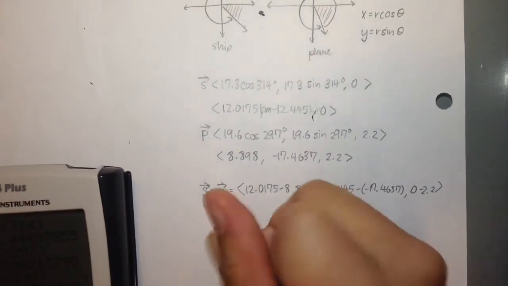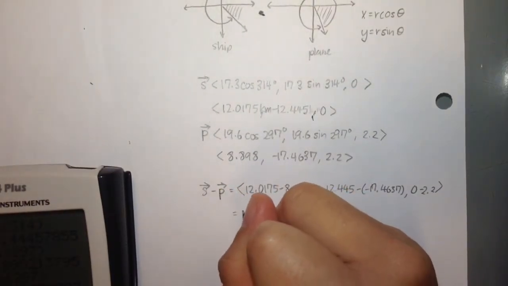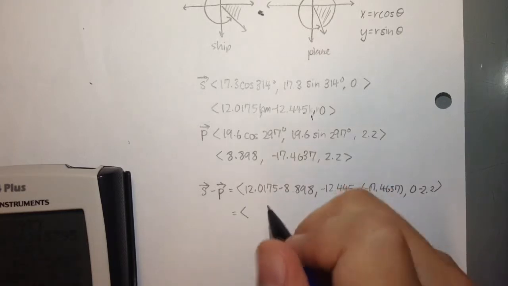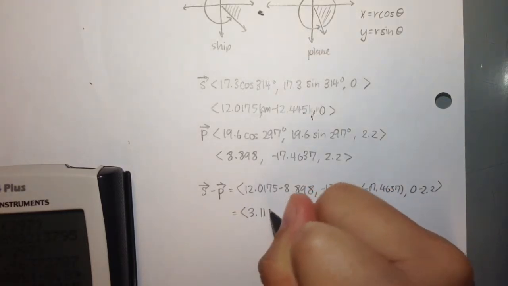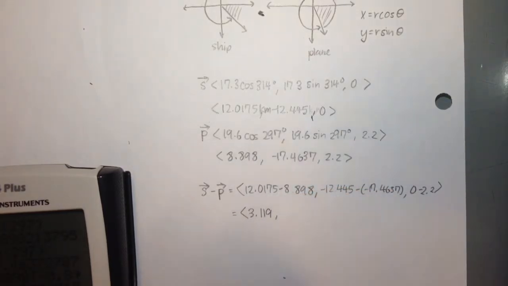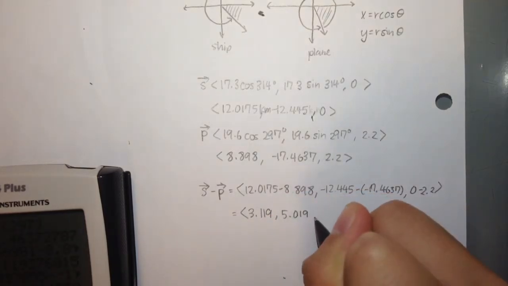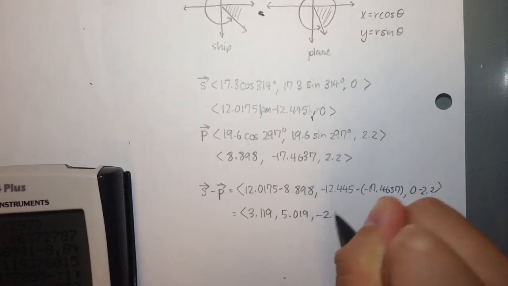Okay, and if we do that on our calculator, we are going to get around 3.119, and then around 5.019, and then obviously negative 2.2.